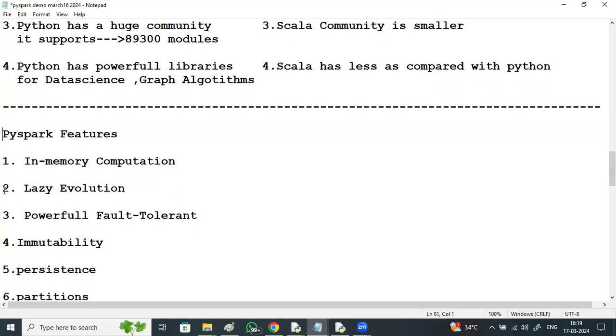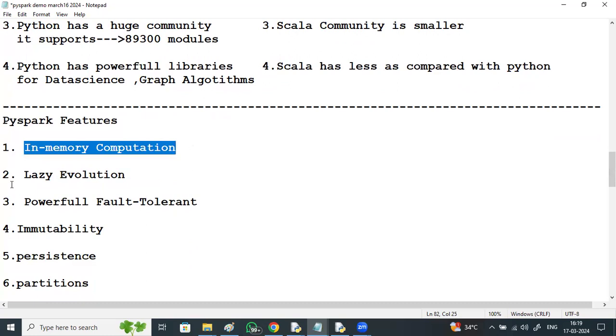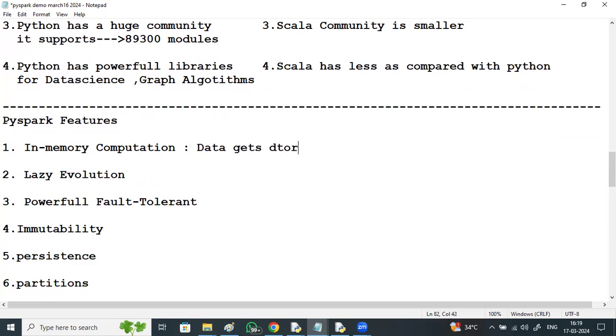PySpark features: in-memory computation and lazy evaluation. In-memory computation means data gets stored in memory and processed within the RAM.